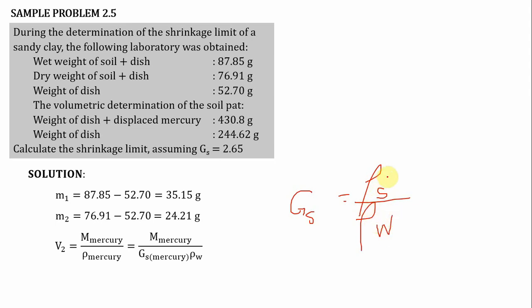Therefore, the density is Gs times the density of water.